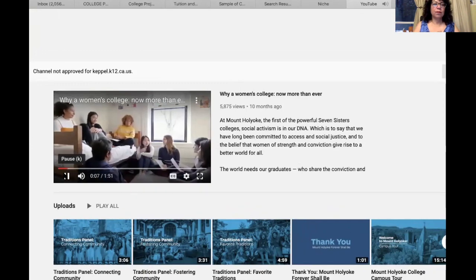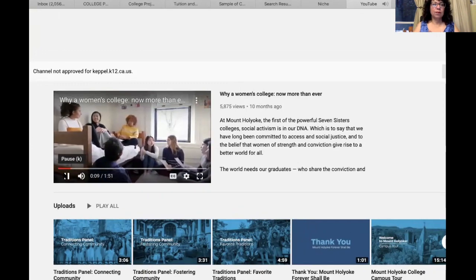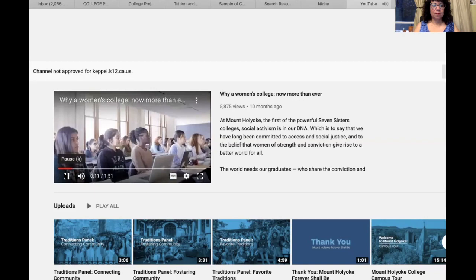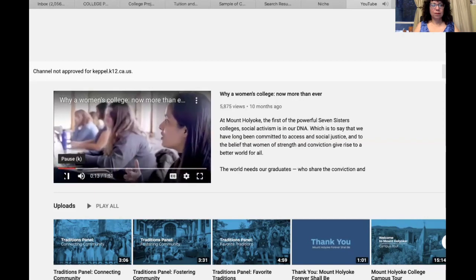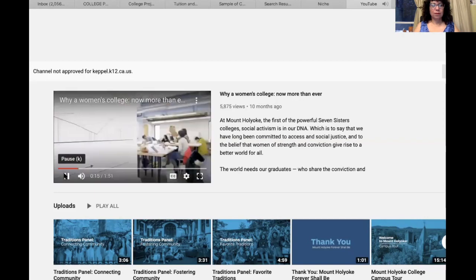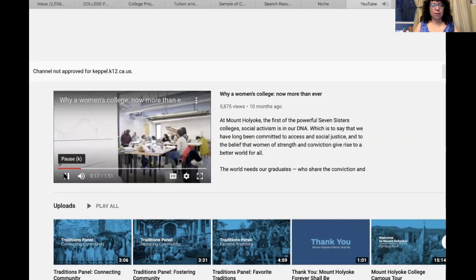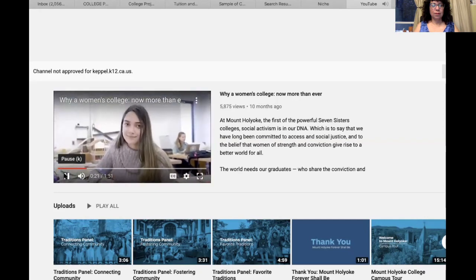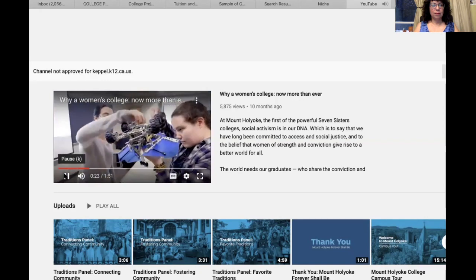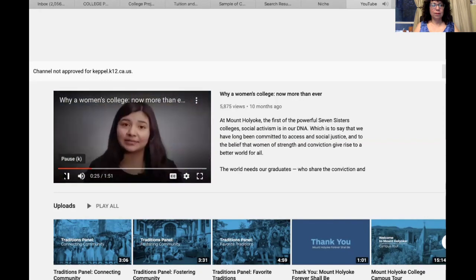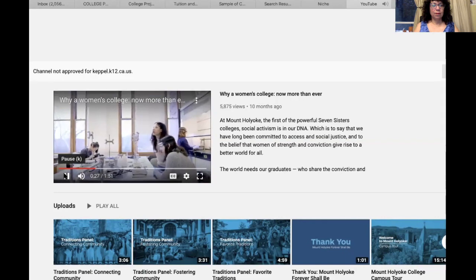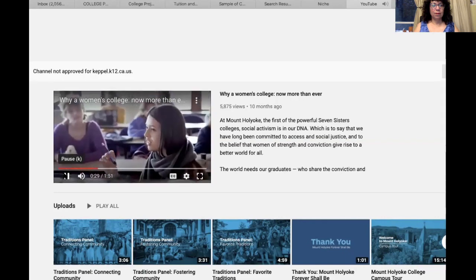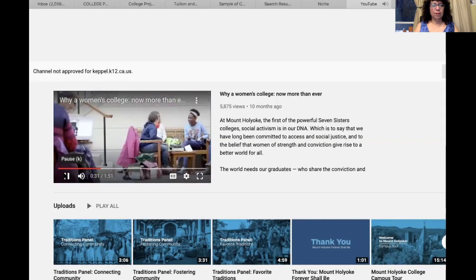Now more than ever, the world needs Mount Holyoke graduates who share the strength, the readiness, the urgency to make their lives stand for something bigger, something better, who know there is as much to be done out there as there is to be undone, who believe that access and equity are everything and for everyone.